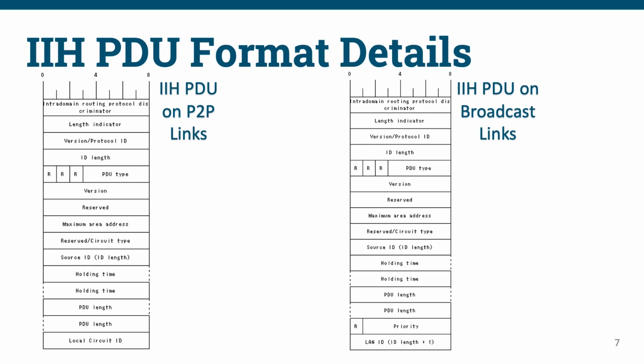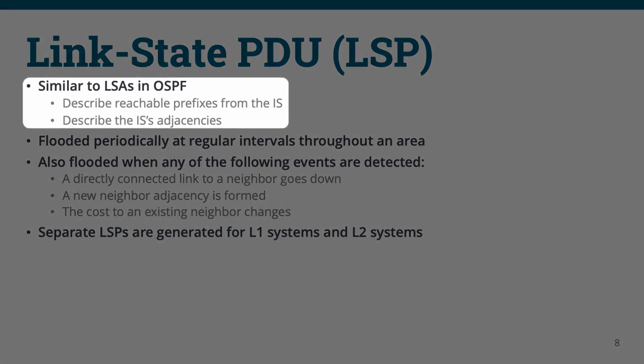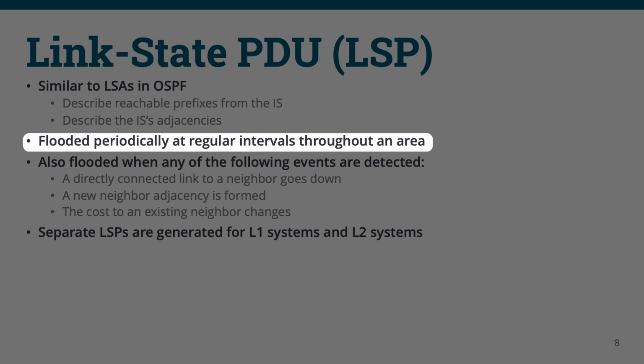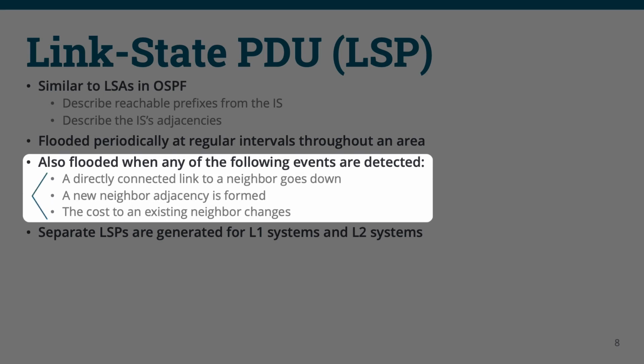Let's move on to our next PDU type, the link state PDU, or LSP. The LSPs in IS-IS describe prefixes that are reachable from the local IS and describe the adjacencies. LSPs are periodically flooded throughout an area to ensure the information in the LSDBs of the routers in the area does not become stale. The three events shown here can also trigger LSPs to be flooded.